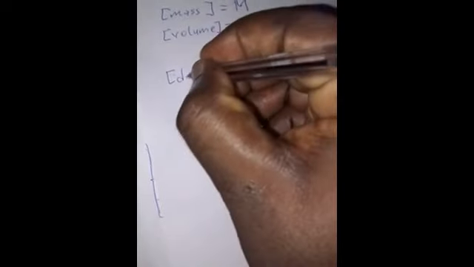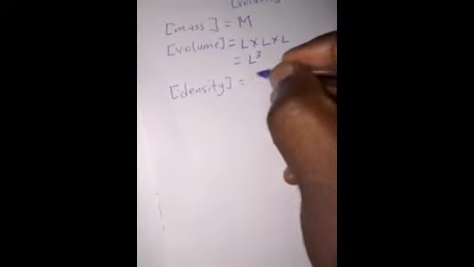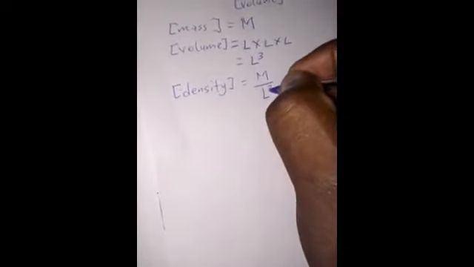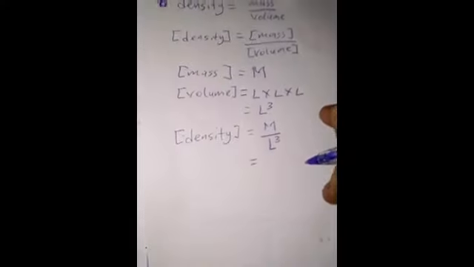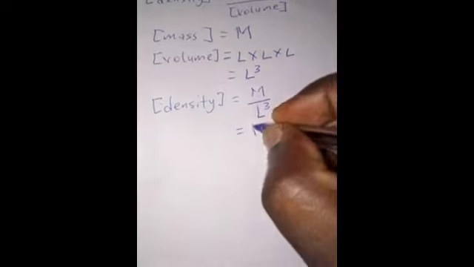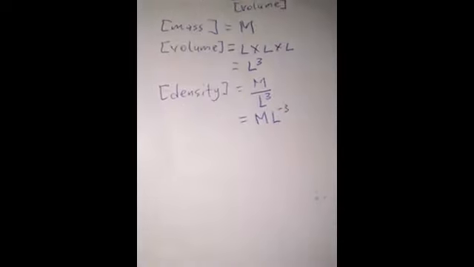Now, for that, the dimension of density then becomes capital M divided by L power 3. It is very easy to simplify this. It is just M L minus 3.